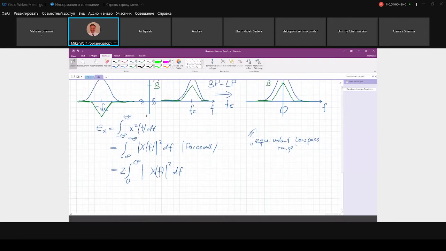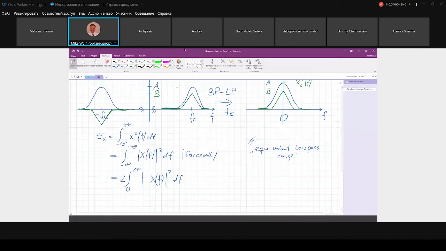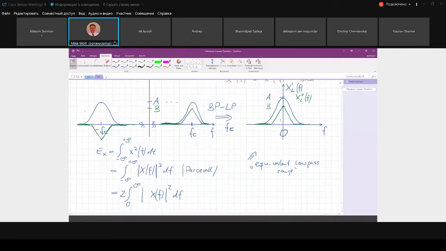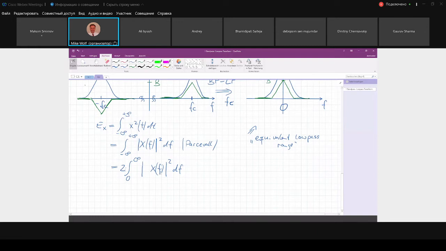So now if I write this, yeah, 2 times this integral, it's the same energy, but I start with 0, because this spectrum here at the right-hand side would be just the original right-hand side. So now I can put this 2, of course, also before this X(f) as a square root of 2, right?